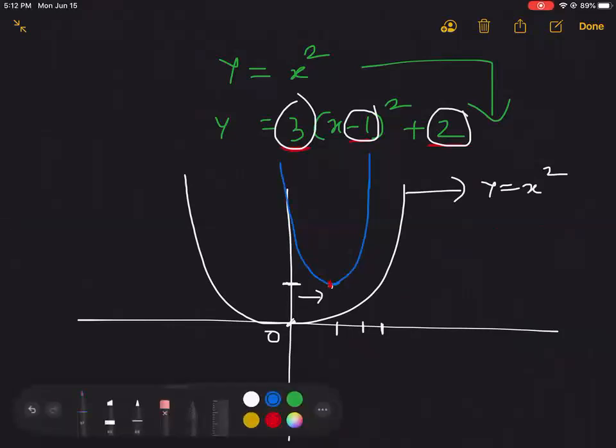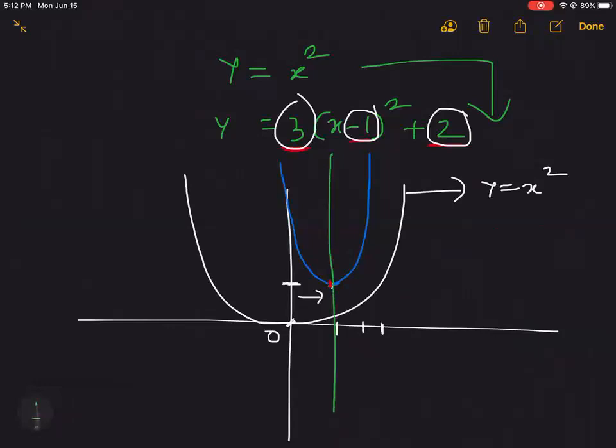All we need is a vertical line which goes through that so that we can actually see the axis of symmetry. As far as I can see, our vertex is at 1, 2. Can you see that?